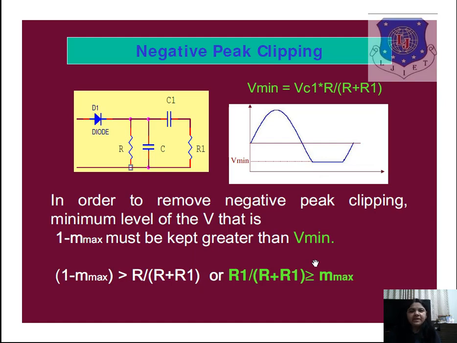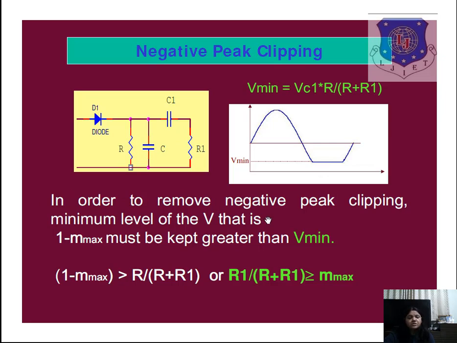Negative peak clipping. For that, V minimum is equal to Vc into 1 upon R into Rr plus R1. Here we have the diode D1. To prevent it, the resistance is connected. This is the capacitor, another capacitor, and R1.